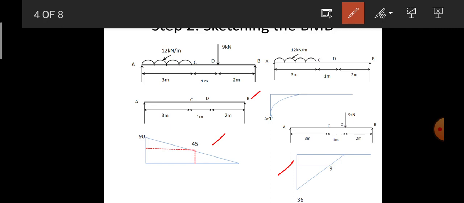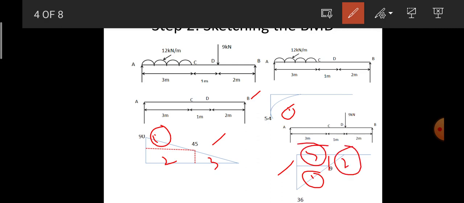In the first sketch, I divide this into 3 substructures, 1, 2 and 3: 2 triangles and 1 rectangle. In the second subsketch, it is the parabola, whose area will be equal to one third of base into height. In the third subsketch, it will be 2 triangles and 1 rectangle.